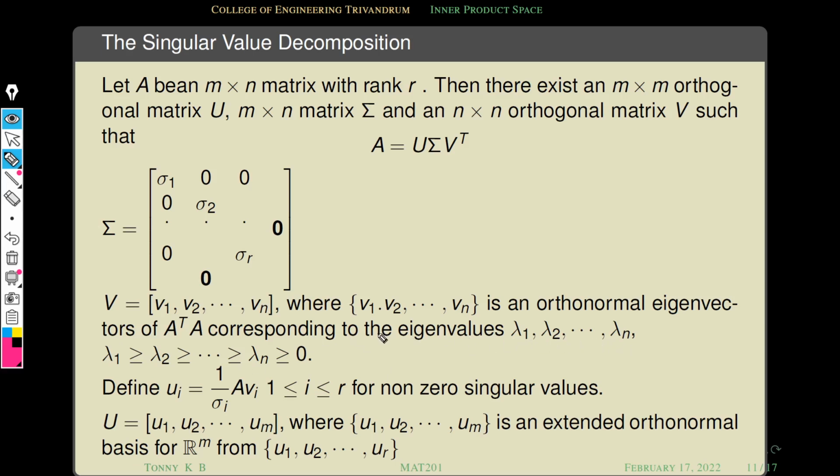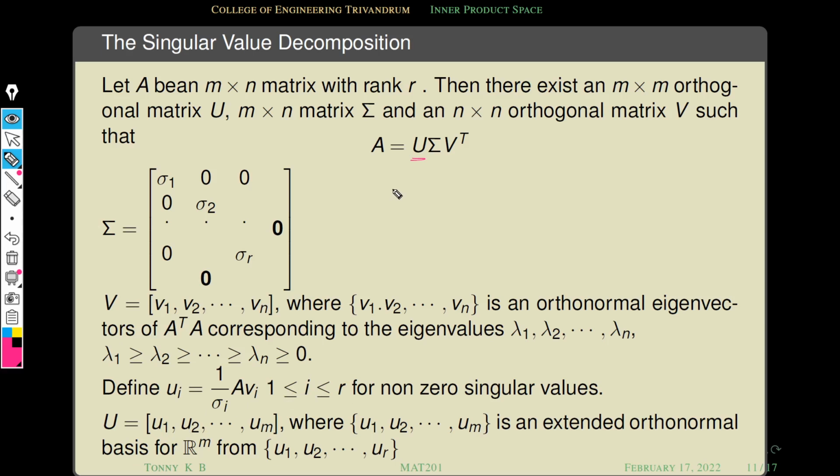The last part is U. Then how to define U? U is a matrix like this: U1, U2, up to Um, because the order of U is m by m, with m columns and m rows. Then what about the ui's? Here i varies from 1 to r.